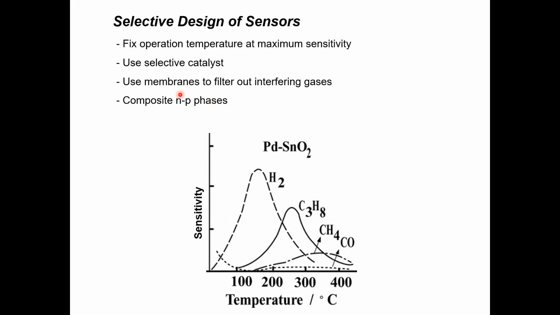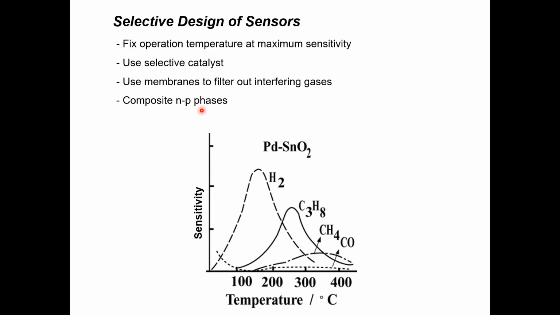So the game to play here is that by mixing the optimized volume fraction of N versus P phases, you may be able to completely eliminate the effect of one gas, and for other gas, you may be able to get not complete nullification by N-type and P-type conductivity increase and decrease, but you will get reduced sensitivity.